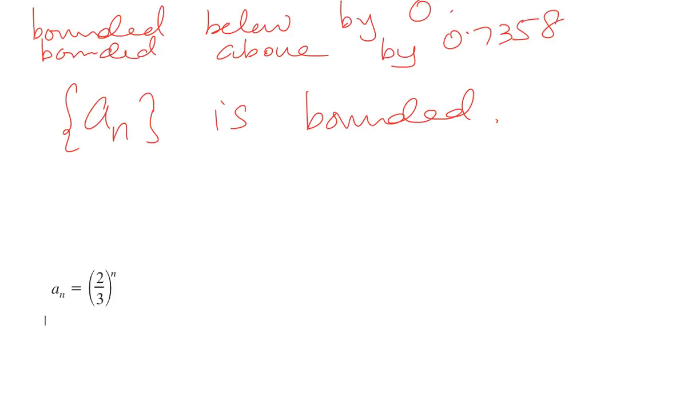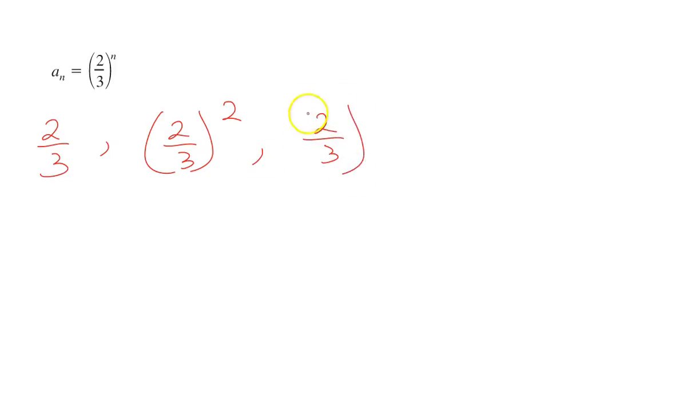Okay, have a look at the next problem. An equals 2/3 to the power n. Okay, let's list some, shall we? First one is 2/3. Second one is 2/3 squared. Third, 2/3 cubed. Okay, guys. So if you don't know what these values are, guys, look.